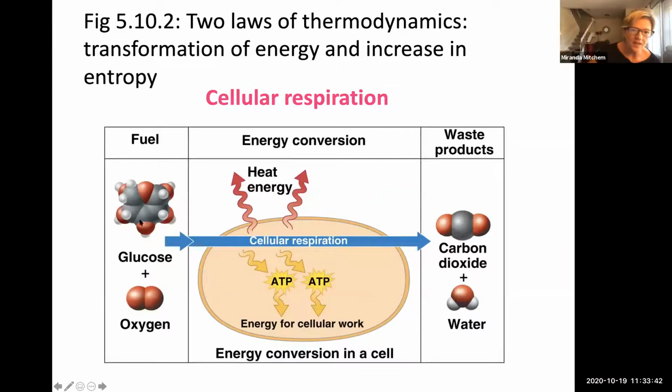So glucose, here we're looking at the bigger molecule of it, the ring structure of glucose and molecular oxygen go through the process of cellular respiration to provide us with the energy we need for cellular work.